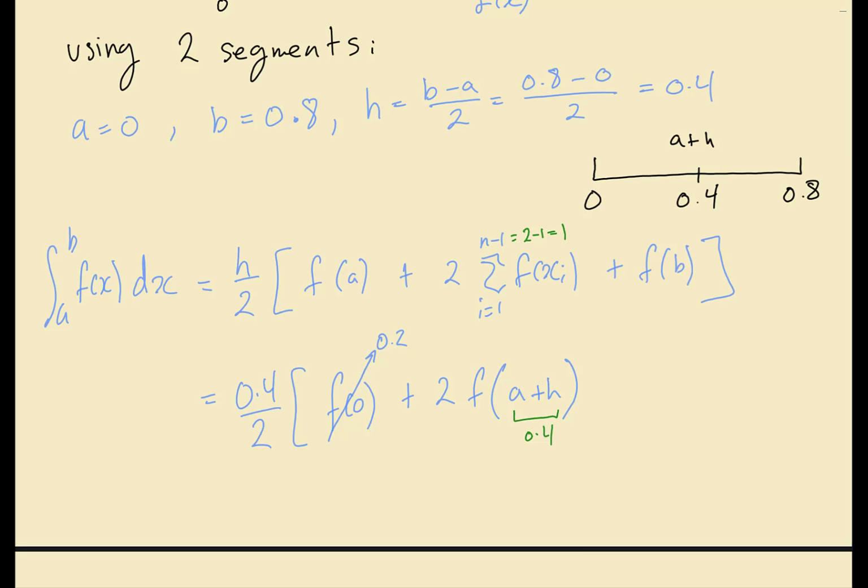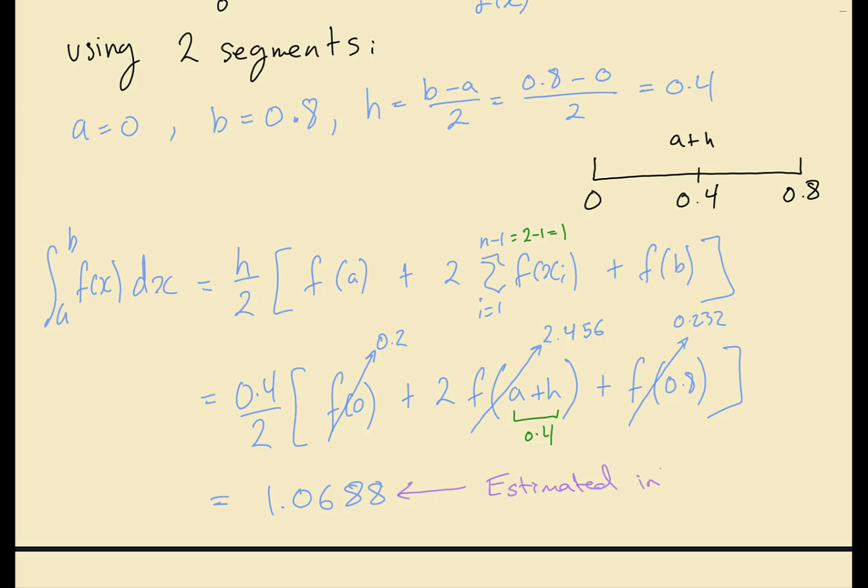If I plug that into the equation, we would get 2.456, plus f at b, which is 0.8, and this here is 0.232. You do the math, you get a value of 1.0688. So this is the estimated area or integral, basically.